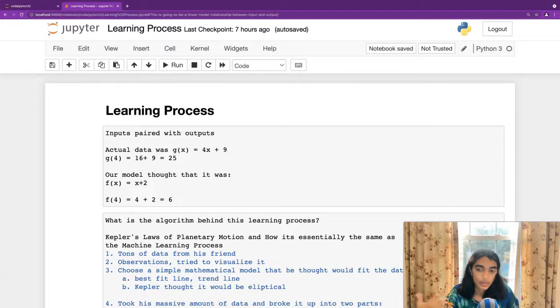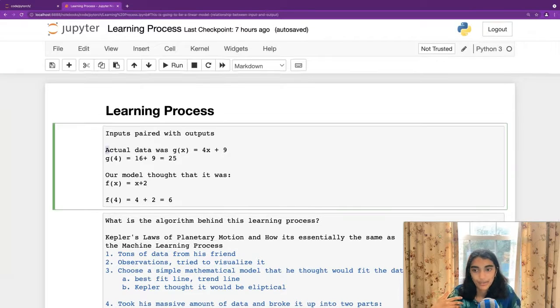Maybe, once again, I'm coming back to this example that we have at the top. So the actual data is 4x plus 9, and our model thinks it's x plus 2. Maybe this is the initial round. We didn't even start training it yet. We didn't even tell our model one single value for our loss function. We aren't telling our model anything because we're just starting out.